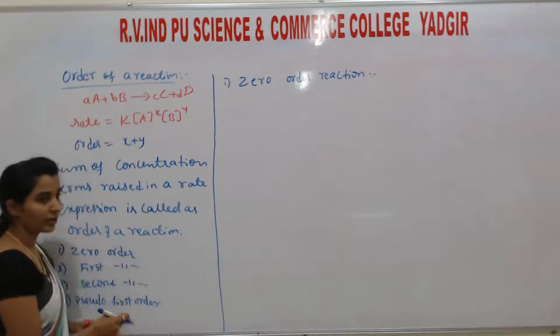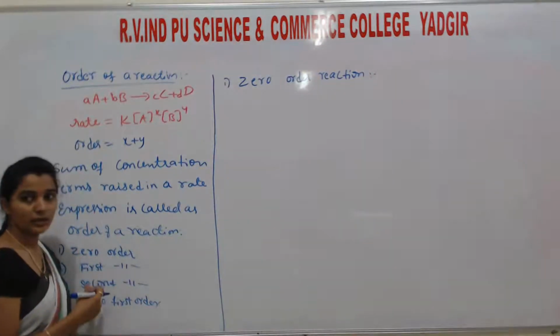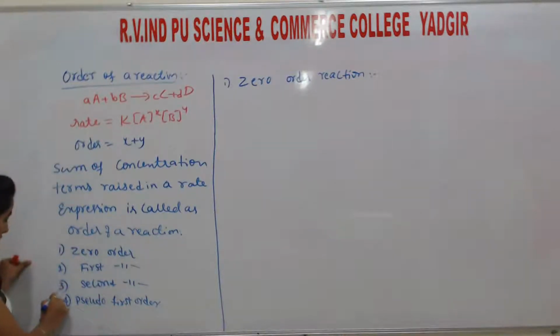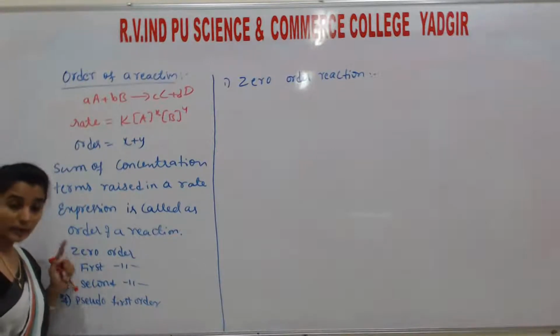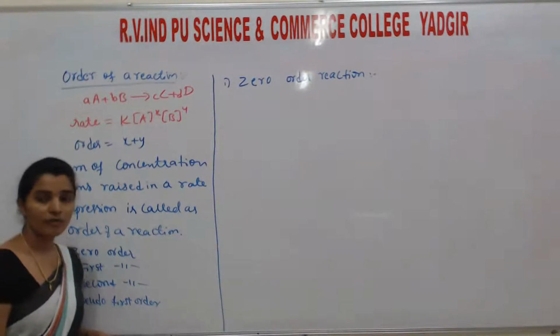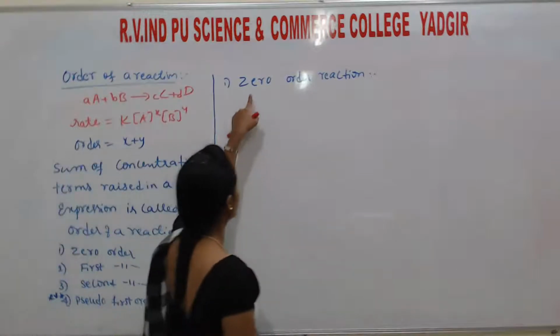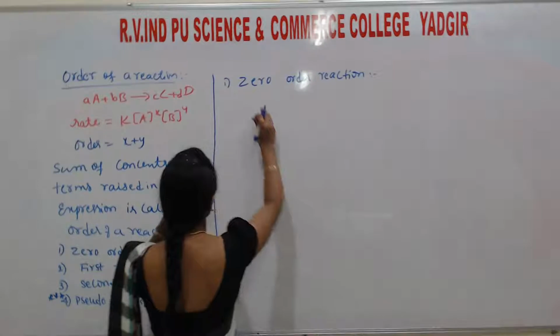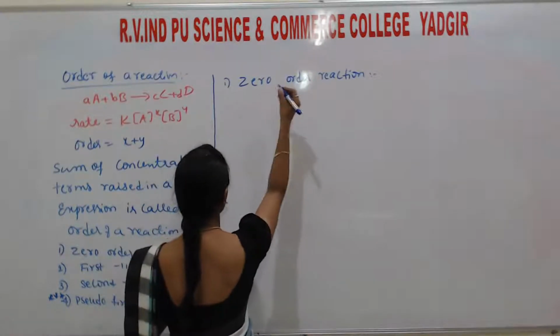Any one of the order, either first, second, pseudo first order, zero order. In that, this pseudo first order is very important for 2 marks. Among these four, pseudo first order is very important. So students here, zero first order. Okay. So I'll take the example here first. Listen.